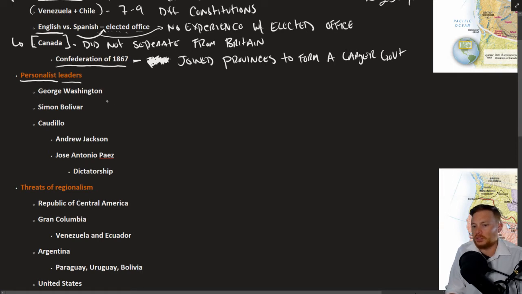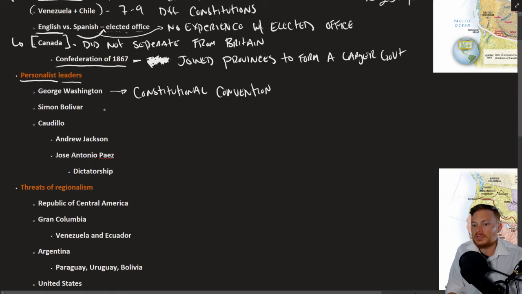So, for example, in the United States, George Washington pretty much allowed for the Constitutional Convention to be universally recognized, the transition from the Articles to the Constitution, because Washington was there and he had that leadership ability. Most of the other founding fathers went along with that.